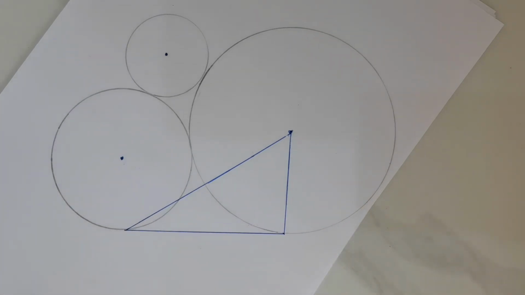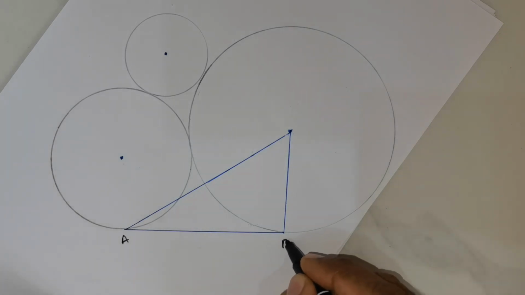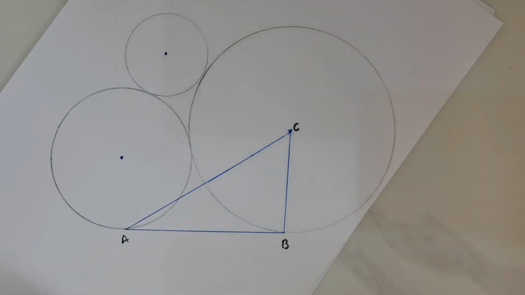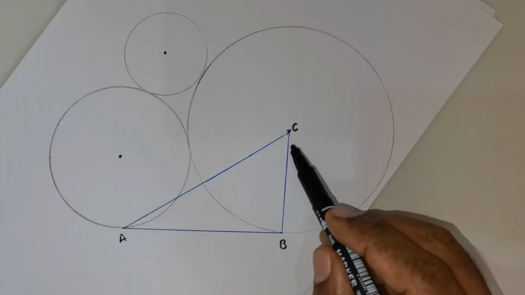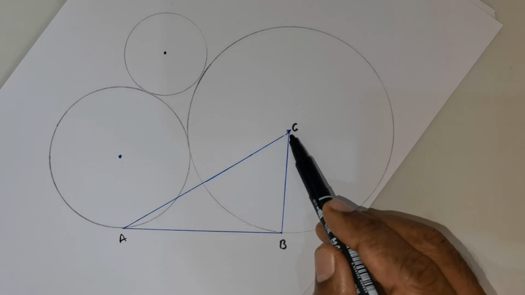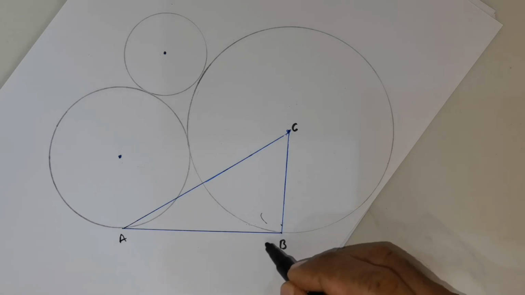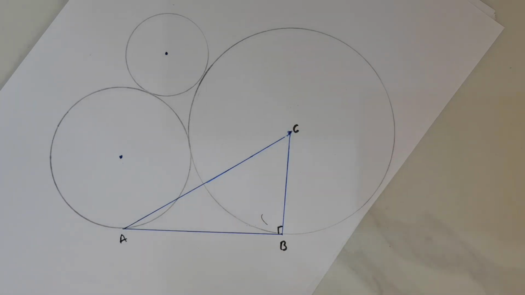Now if I were to take this as A, B and say C, then clearly according to the theorem on tangents, a line drawn from the center of the circle to the point of tangency will make an angle of 90 degrees. So if we were to consider this triangle, this is actually a right triangle. So that is the first observation.